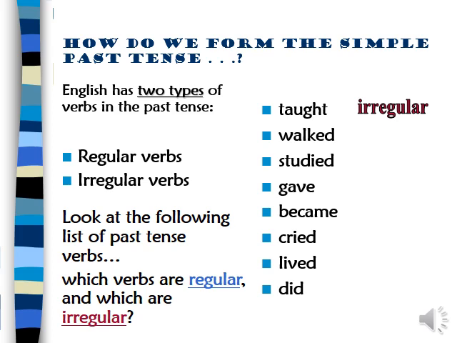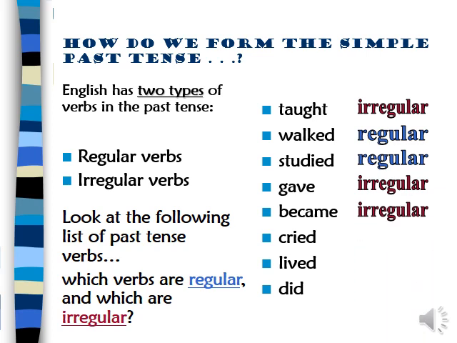Walked. Regular because it ends with ed. Studied, it ends with ied, so it's regular. Gave, irregular. Became, yes, perfect, irregular. Cried, regular. Lived, regular. And did, excellent, it's irregular.